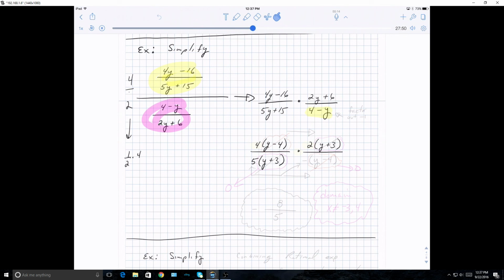Let's see, if I factor out a -1 from here, what would that look like? It would look like negative, and then the y would turn positive, and the 4 would become negative. Oh, look at that. We have some interesting things happening here, don't we? Hey, look at that. Some things are all going away here.